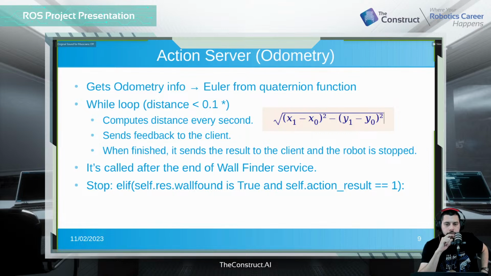When the condition is reached, it sends the result to the client and the robot is stopped. In the main function we get that with elif self.res found is true and self.action result equals 1.